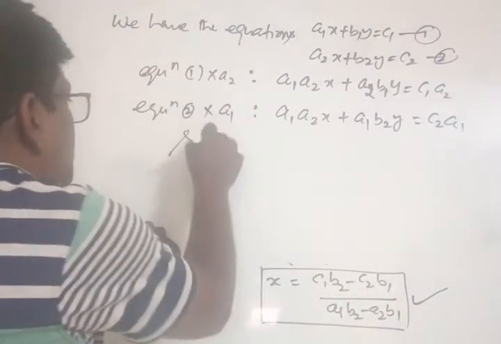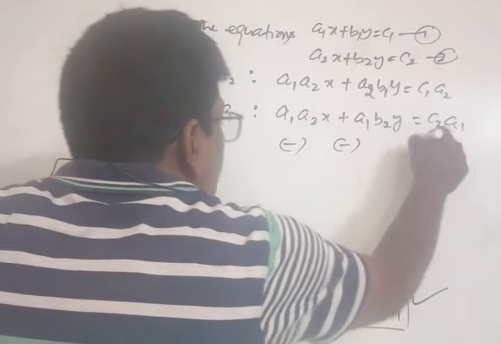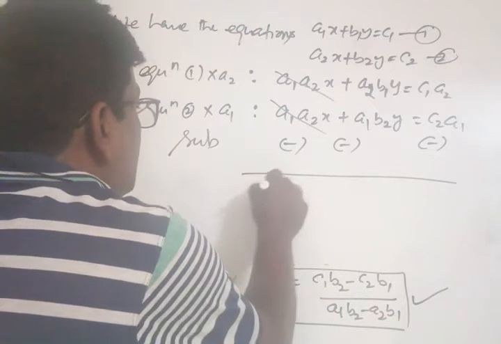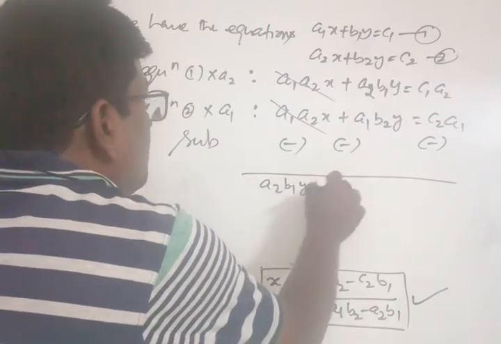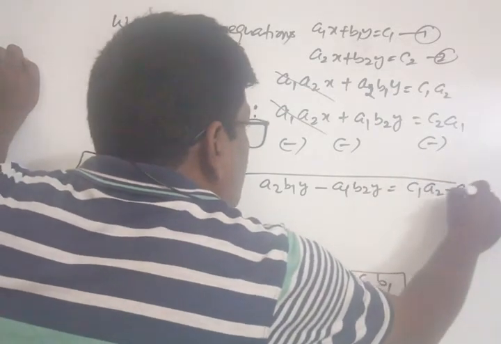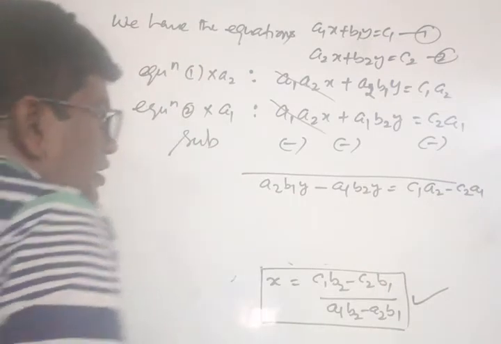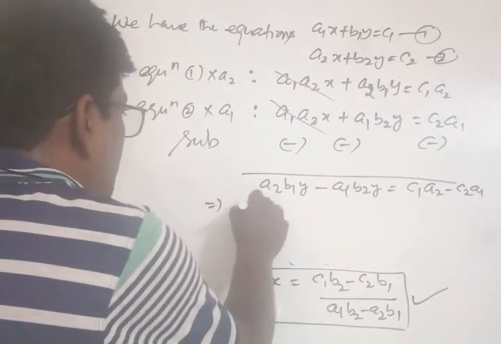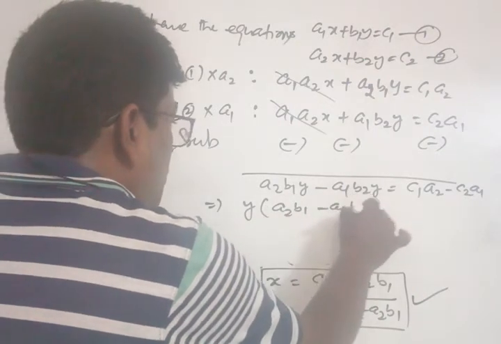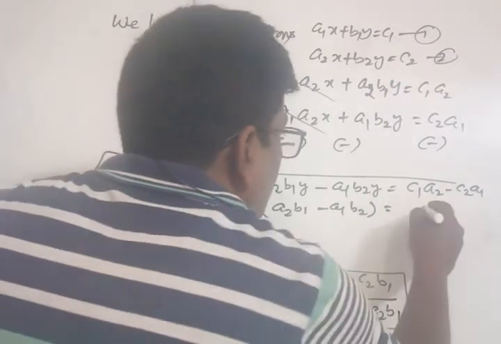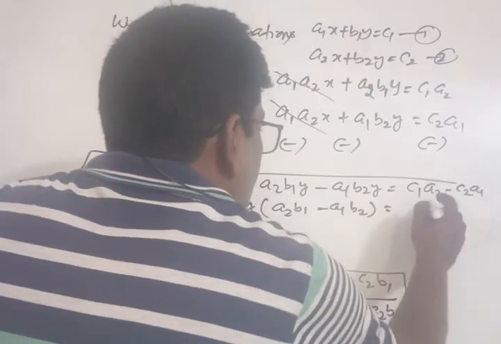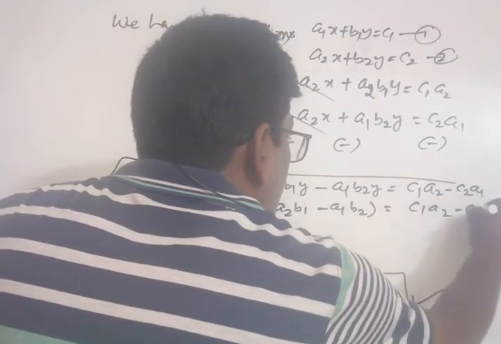Now subtract: this will be minus, this will be minus, this will be minus. The x term cancels. Here a2 b1 into y minus a1 b2 into y is equal to c1 a2 minus c2 a1. Correct. So y into (a2 b1 minus a1 b2) is equal to c1 a2 minus c2 a1.